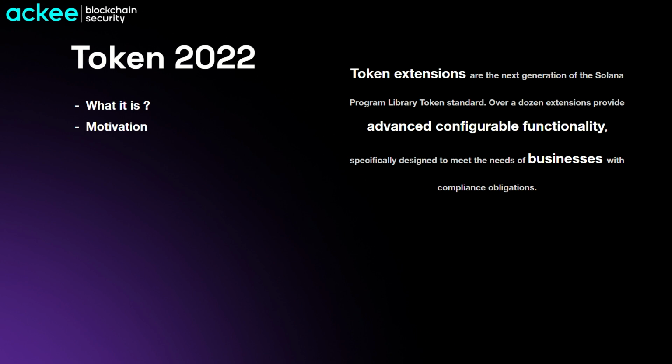The motivation is also to improve security. You will see that there is something called CPI guard on the token accounts. A lot of attacks on blockchains, not only Solana, happen because of phishing, and this CPI guard should improve security against phishing attacks. So, for example, this can be the motivation. The motivation can be a better UI for creating new NFTs.